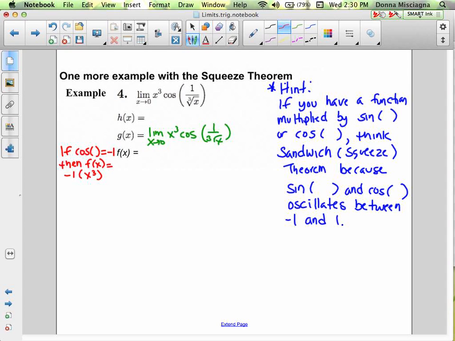So that's going to be the smallest the function can ever be, and that occurs when cosine blop equals -1. It will never be less than whatever -x cubed is.